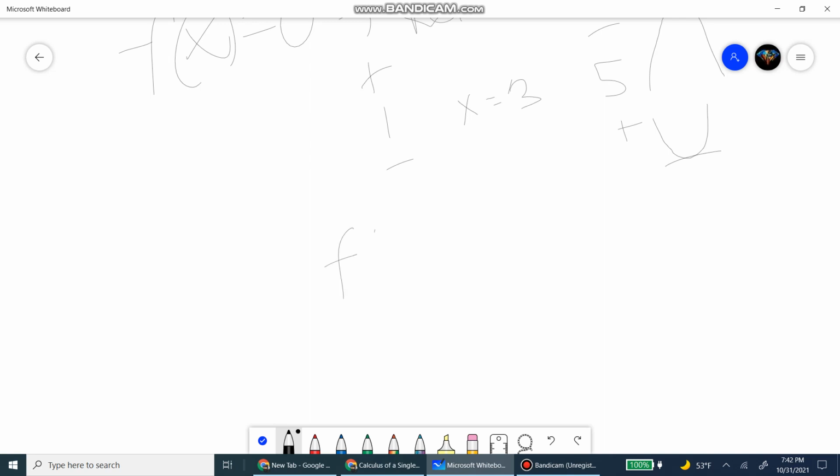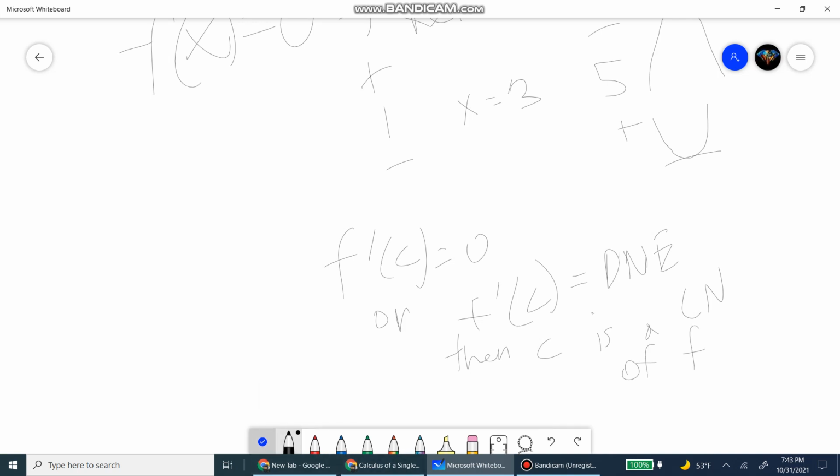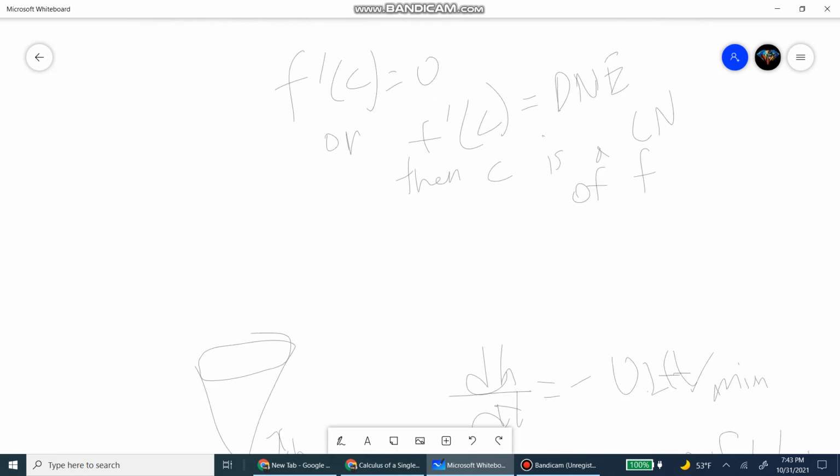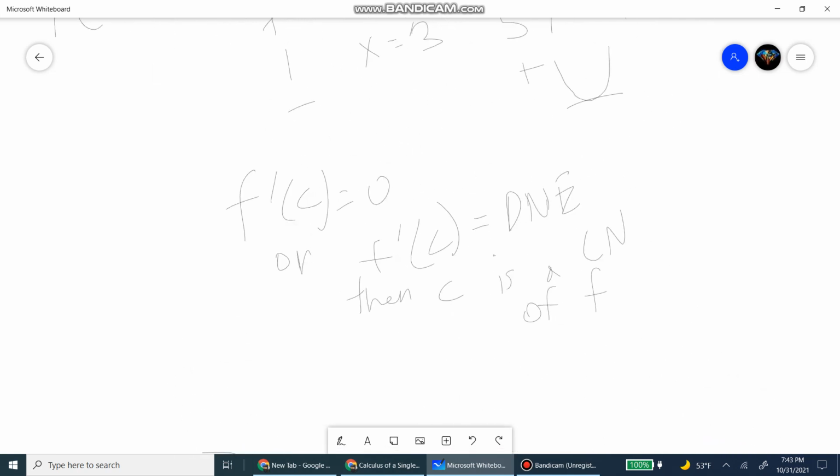If f prime of c equals 0, or f is not differentiable at c, so if f prime of c does not exist, then c is a critical number of f. And relative extrema only occur at these critical numbers. So you're only going to get a relative min or max at the critical numbers.